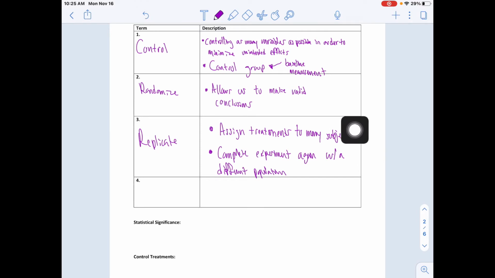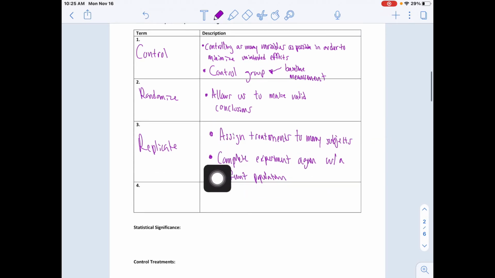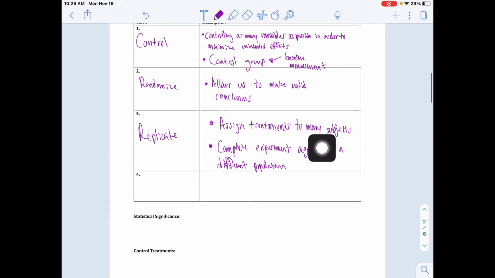Instead of 50, maybe I make it 100. That'd probably be a better experiment and would give us more valid conclusions. Let's say I finish that experiment, and then I do it with a completely different population. Maybe now I look at college students, or high school teenagers. That's what replication means.